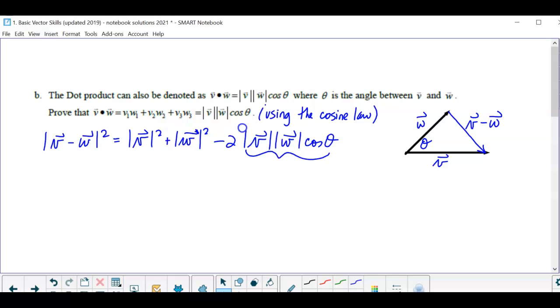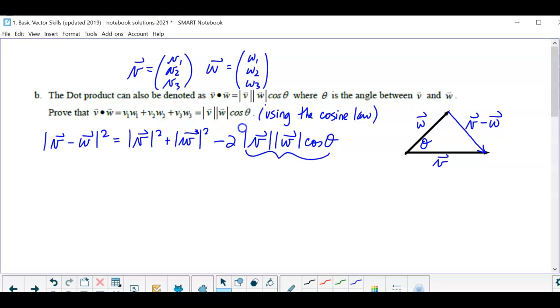And so if we put the rest in component form, then hopefully we'll get the left side. So do that. So you can see here, our definition for V is V1, V2, V3. For W, W1, W2, W3.